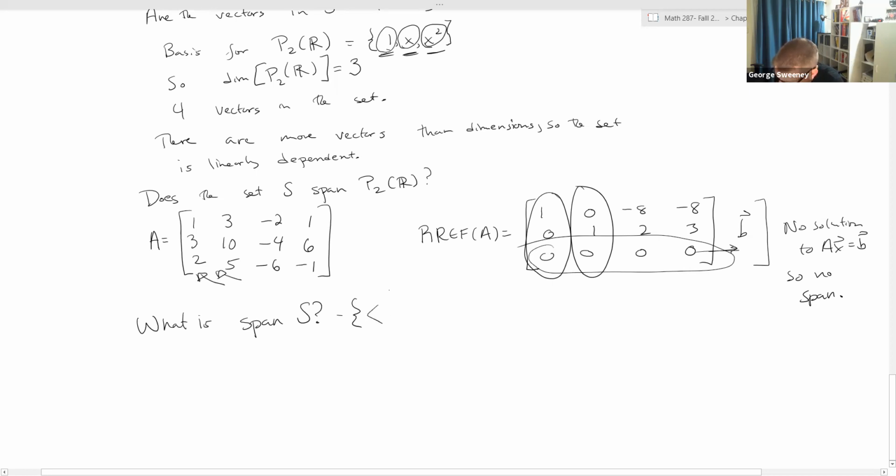So the span of S is the span of 1, 3, 2 comma 3, 10, 5. Oh, excuse me, that's not true. We actually have to rewrite these as polynomials. So it's going to be these 2, rewritten as polynomials: 1 plus 3x plus 2x squared and 3 plus 10x plus 5x squared.